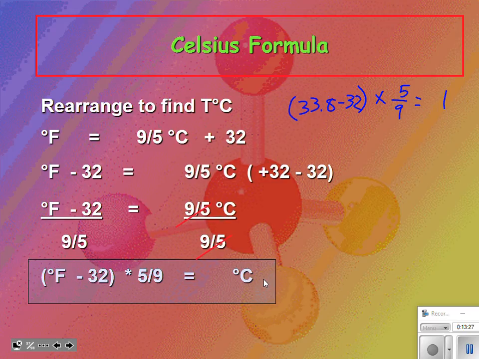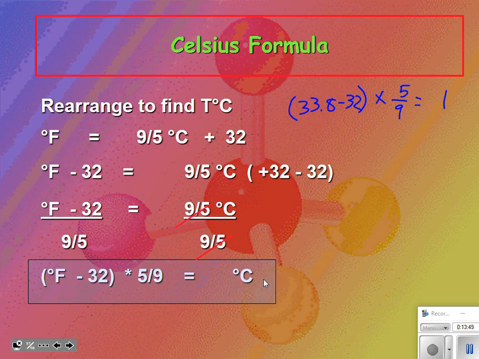Now, how you can do that in your calculator: I put parentheses 33.8 minus 32 in the parentheses, times 5, divided by 9, and I get 1.